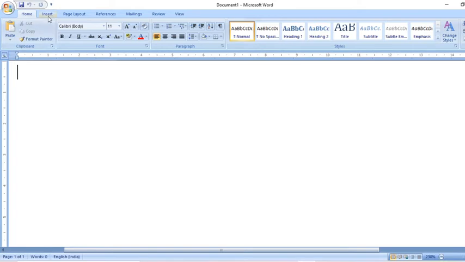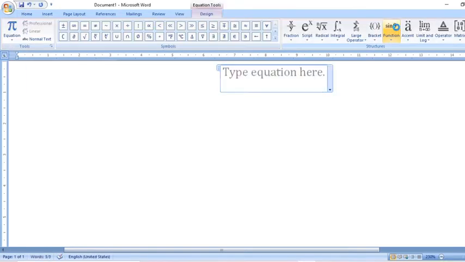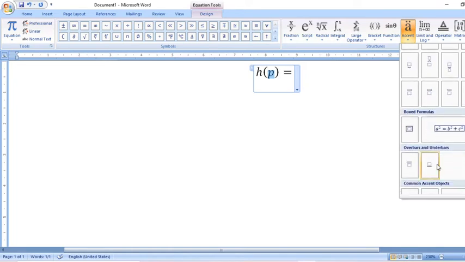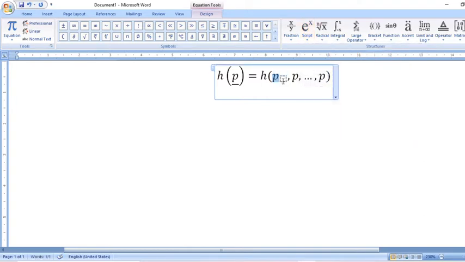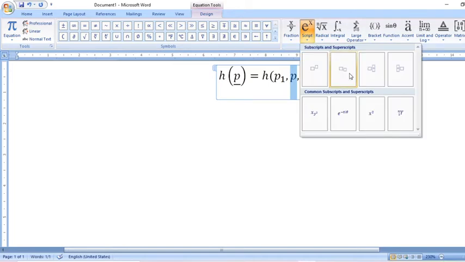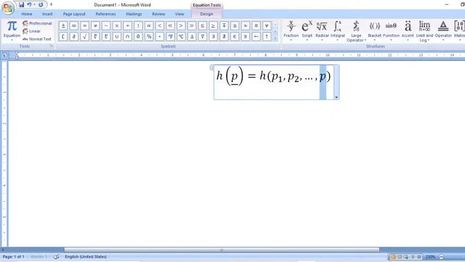Okay, so let us consider h of p, the reliability function of the coherent system, equal to h of p1, h of p2, etc., h of pn.